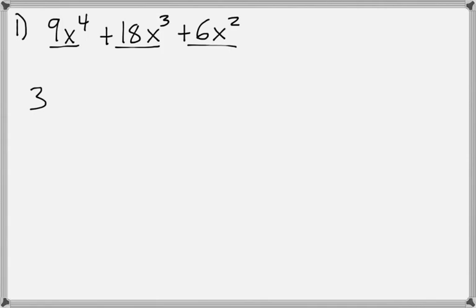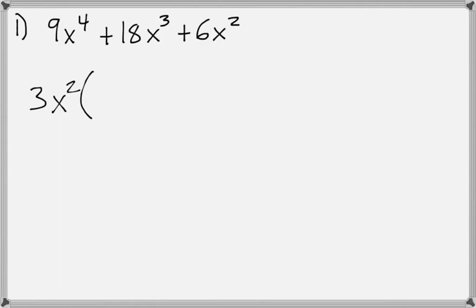So I'm really only as strong as my weakest link, meaning I'd like to take out 4 x's, but I can't because these ones only have 3 and 2. I'd like to take out 3 x's, but I can't because this one only has 2 x's. So they all have 2 x's. Some of them have more, but they all have 2 x's. So I can take out an x squared from that.